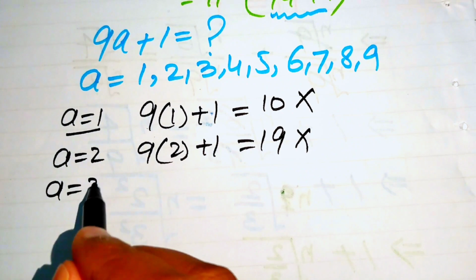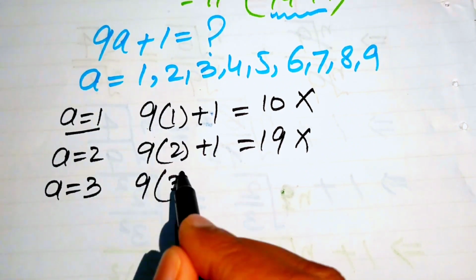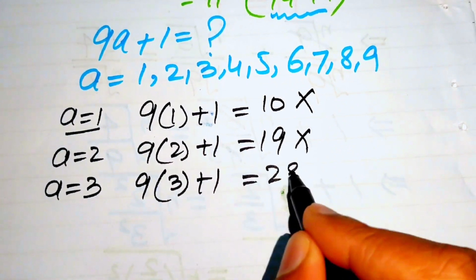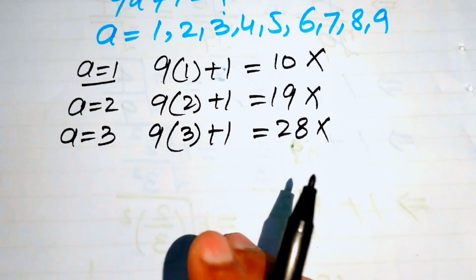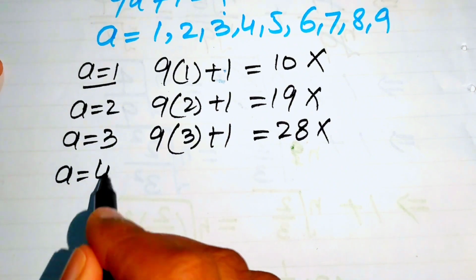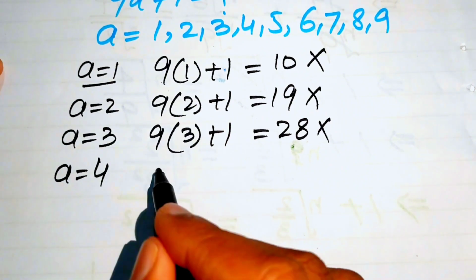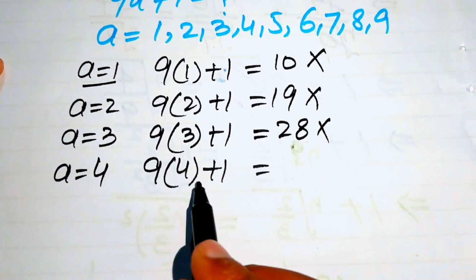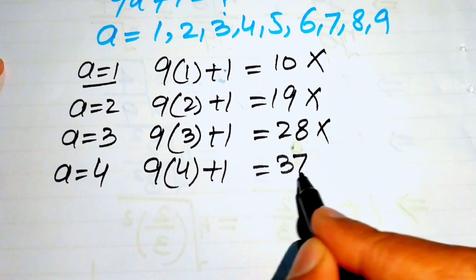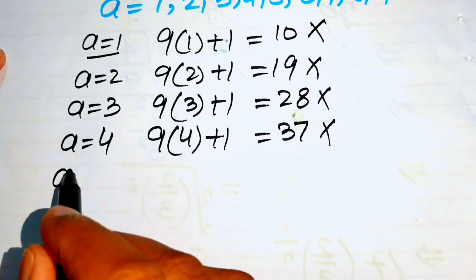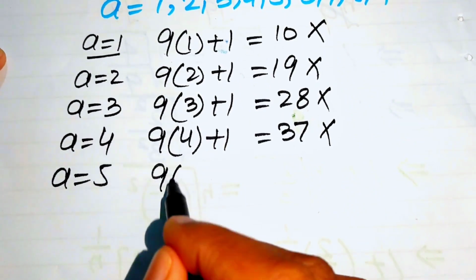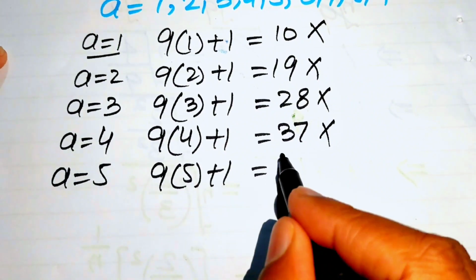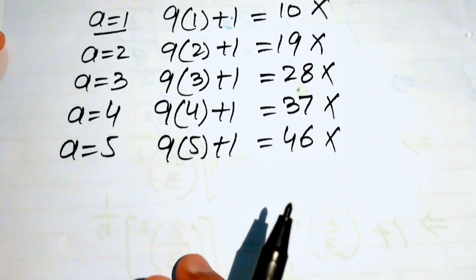If a equals 3, 9 times 3 is 27, plus 1 is 28, not a multiple of 11. For a equals 4, 9 times 4 is 36, plus 1 is 37, not a multiple of 11. For a equals 5, 9 times 5 is 45, plus 1 is 46, not a multiple of 11.